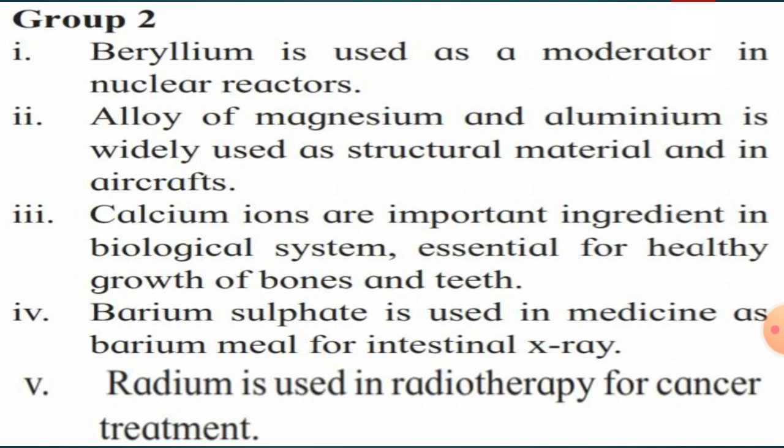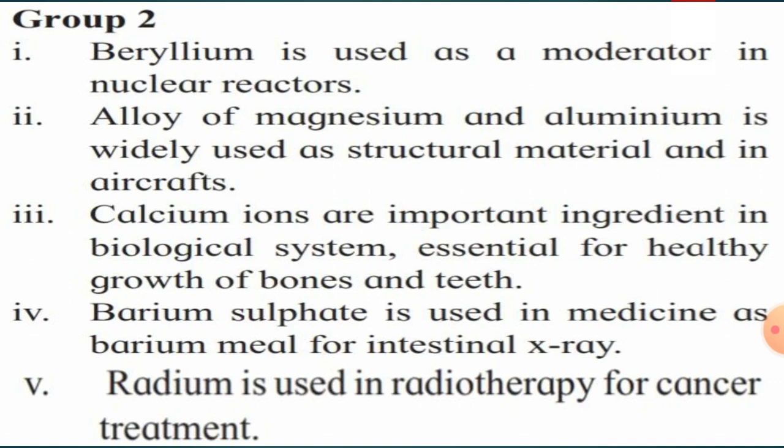When we combine two metals, it gives an alloy. This magnesium and aluminium alloy is used as a structural material in aircraft, your aeroplane, helicopter.